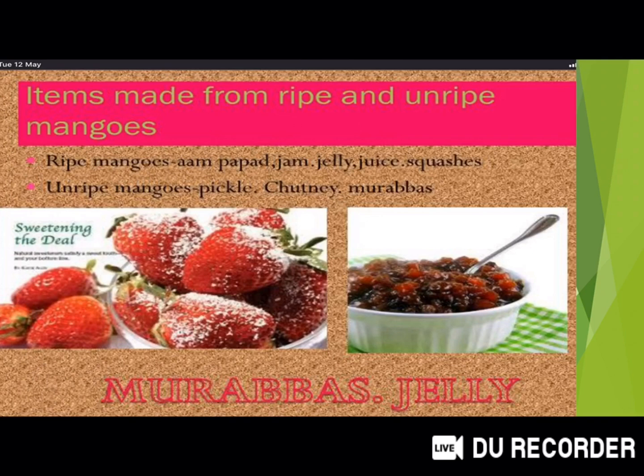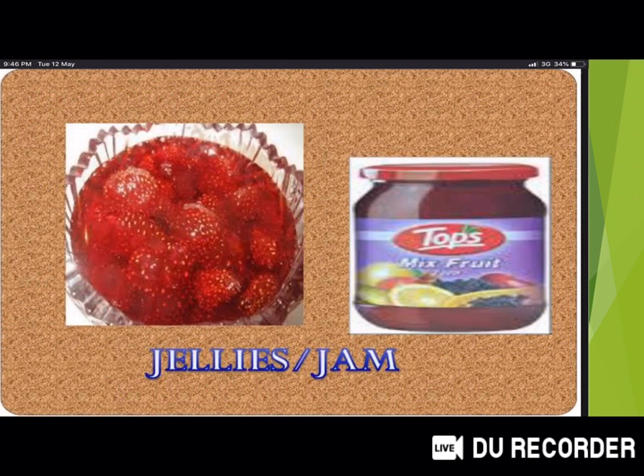You can see what murabba is, and murabbas and jellies in this picture. So, dear children, from ripe mangoes and unripe mangoes, different food items can be made. You can see jellies and jam. They are stored in different cans, and are available in the market also.